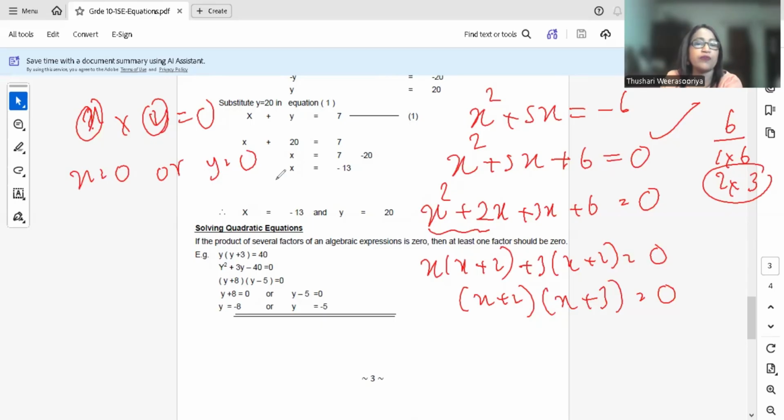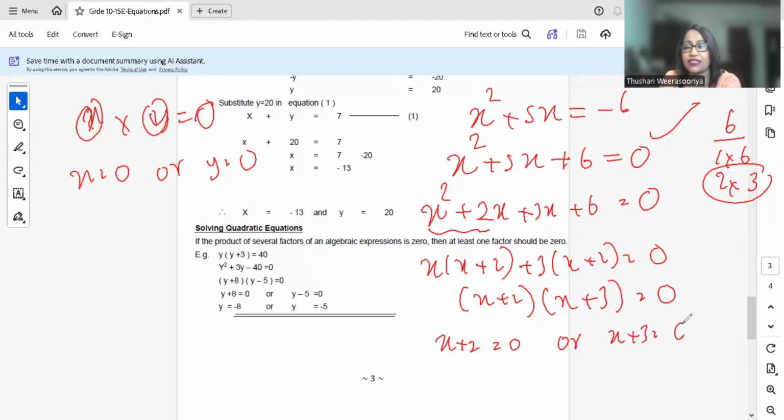I'll take this x and y. Either x equals 0 or y equals 0. Otherwise, you never get 0. One of the numbers should be 0, then only you get 0. All the infinity numbers, except 0, you can't get 0, right? So we are using that condition, right?